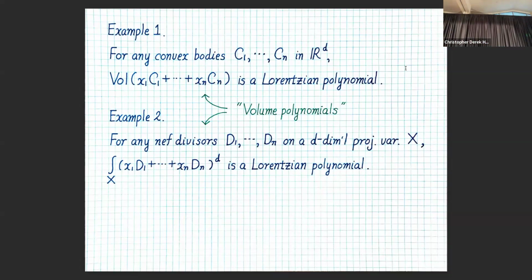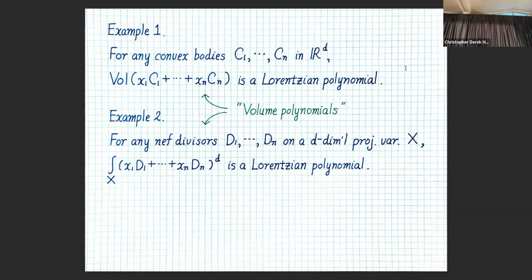What you do is take the general Minkowski linear combination of the C_i with non-negative coefficients, so that you get a new convex body, and take the volume of it and see what kind of function you get as you vary the coefficients x_i.